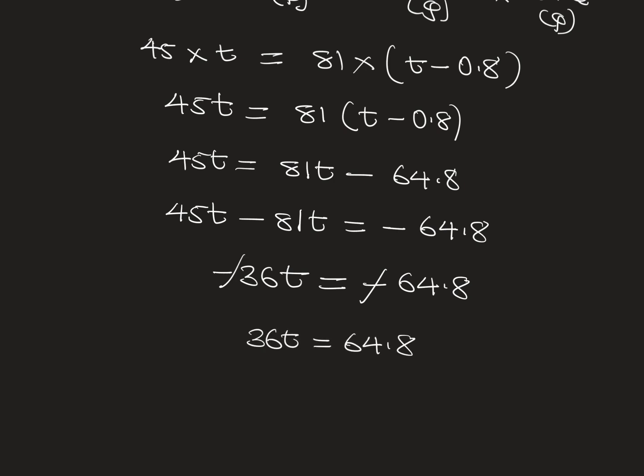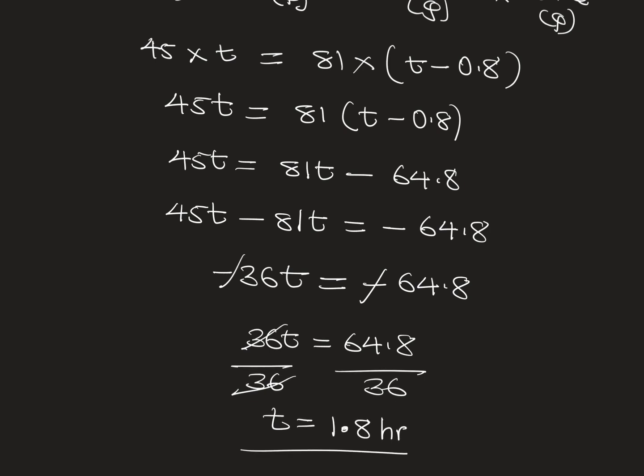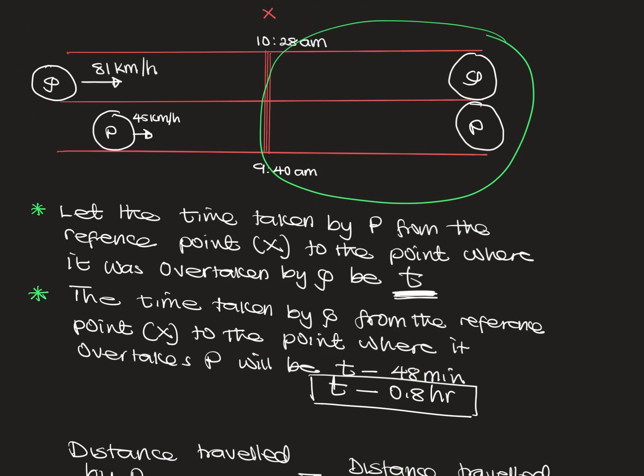To find T, divide both sides by 36. Okay, so T will be 64.8 divided by 36. So the time for P is 1.8 hours. Okay, so it means P will travel 1.8 hours before it is overtaken by Q.